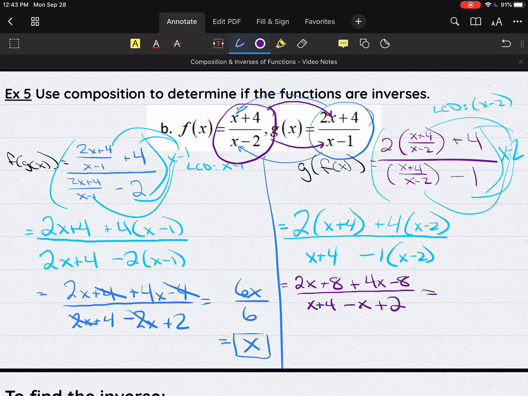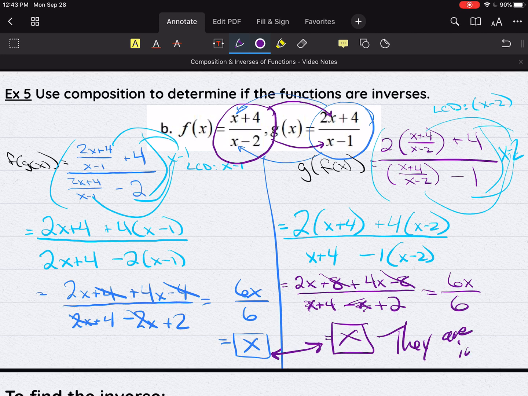So on top, 2x plus 4x is 6x. The 8's would cancel. On the bottom, the x's would cancel, and I'd be left with 6, which simplifies down to x. So since they are both equal to x, my answer is they are inverses.